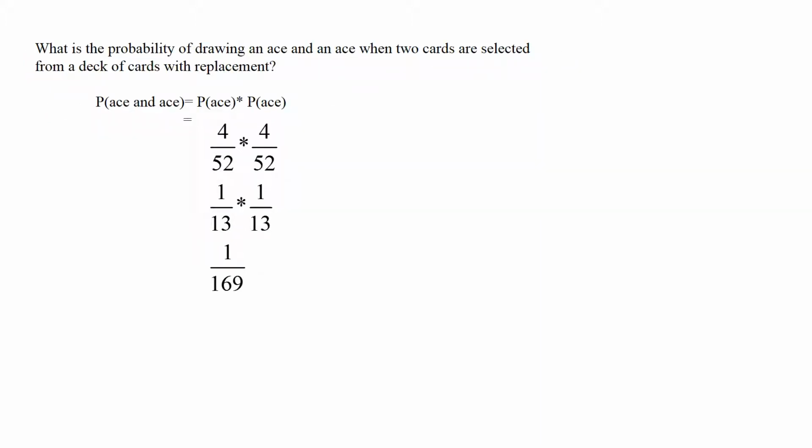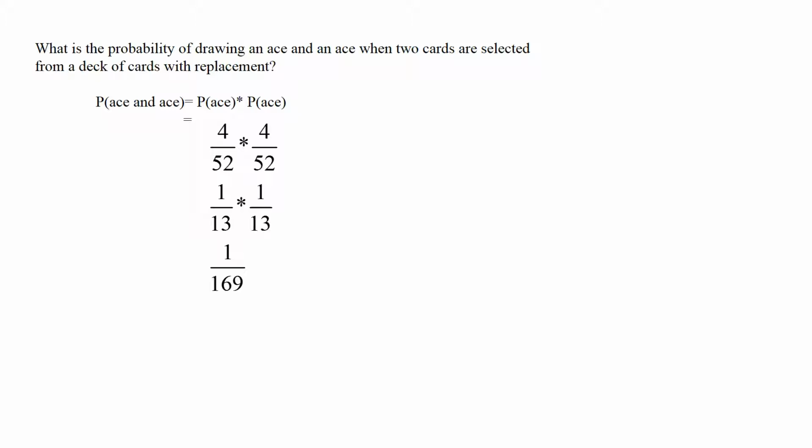The next question asked, what is the probability of drawing an ace and an ace when 2 cards are selected with replacement? This is an AND problem. You need to use the multiplication rule. The probability of selecting an ace is 4 out of 52. The first card is put back in the deck.